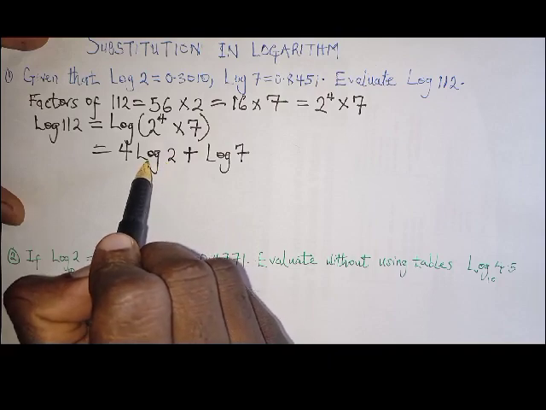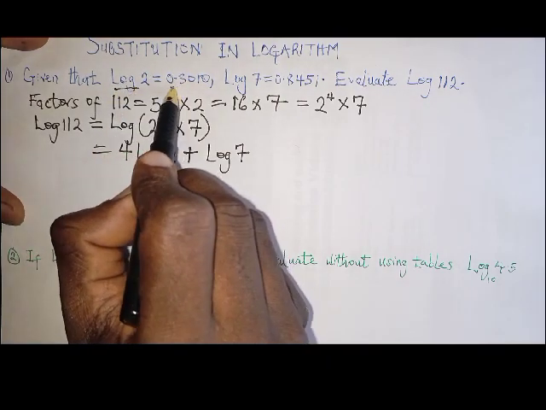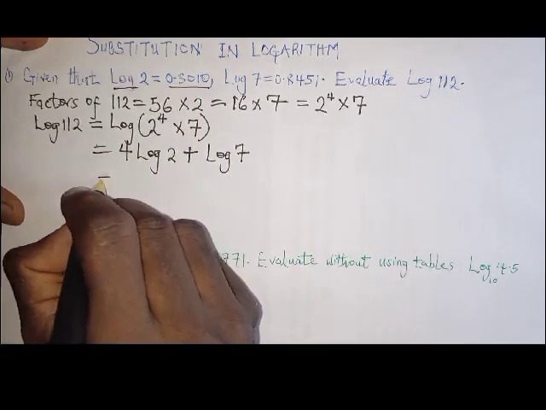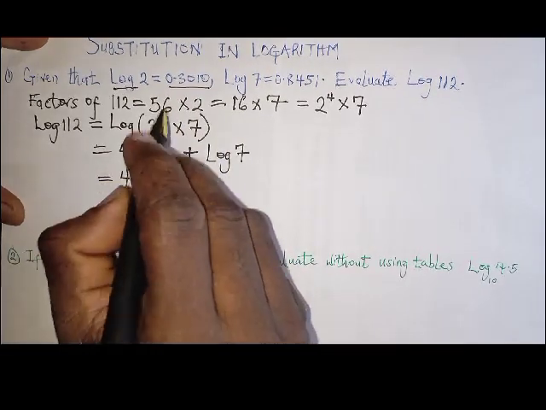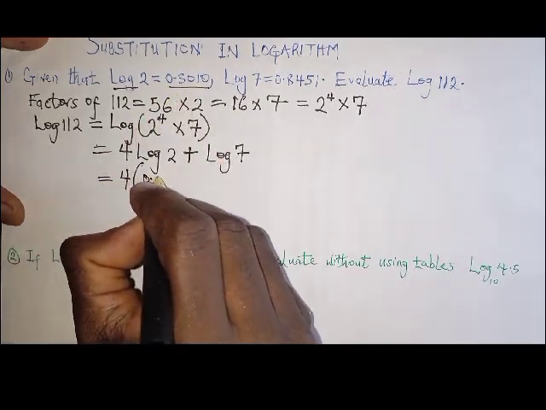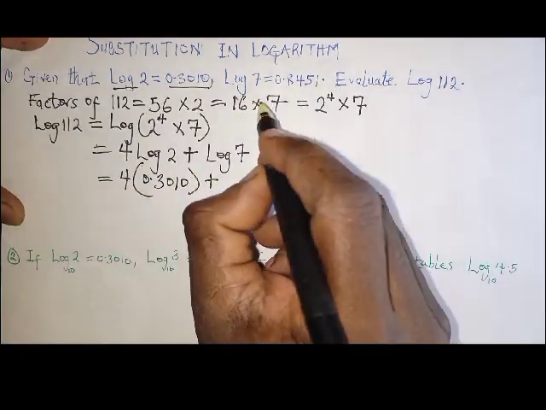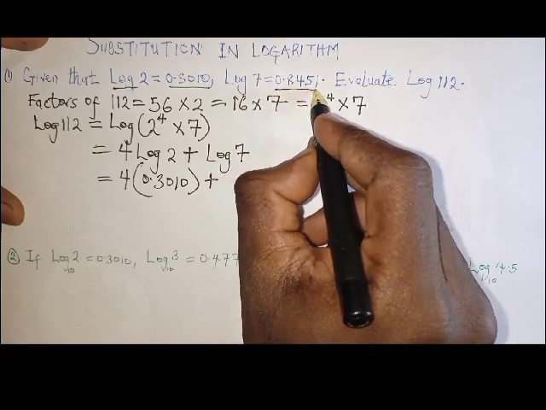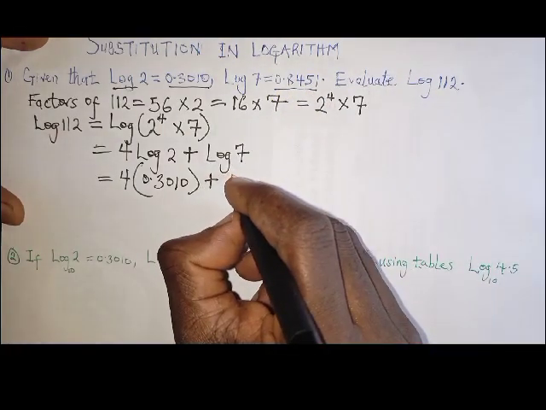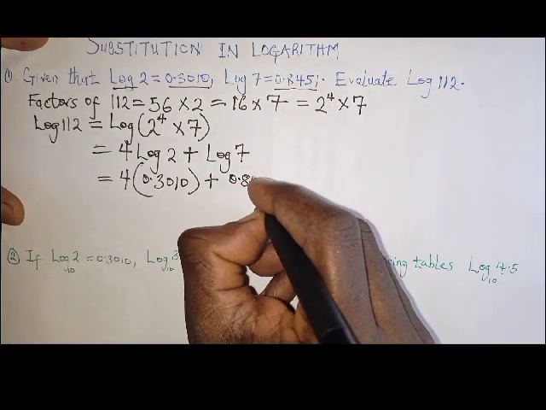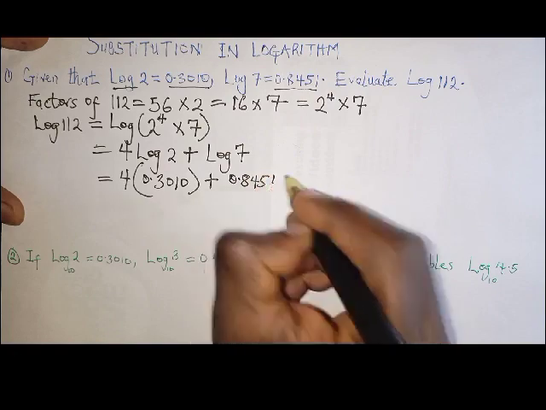So now we can go straight into substituting our values. We have that log 2 equals this, so I'm going to slot it in. So it simply means 4 times 0.3010 plus log 7, which is 0.8451.